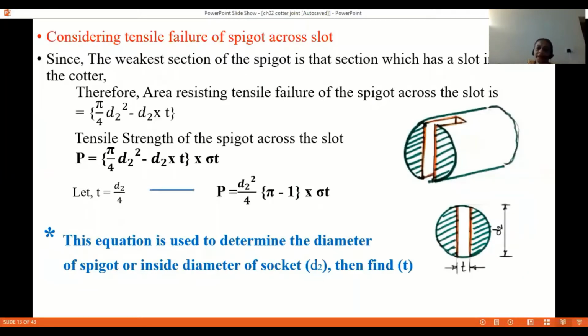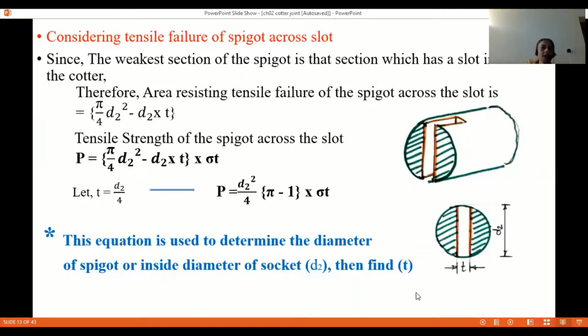When we draw its two-dimensional sketch, we can see that the area resisting tensile failure is the area of a circle minus the area of this rectangle.